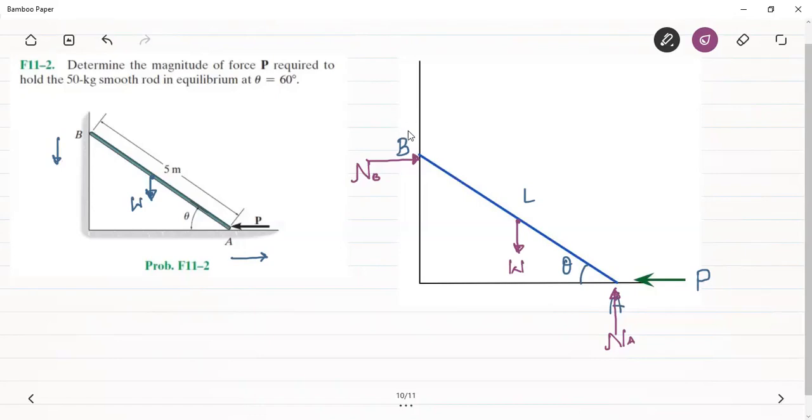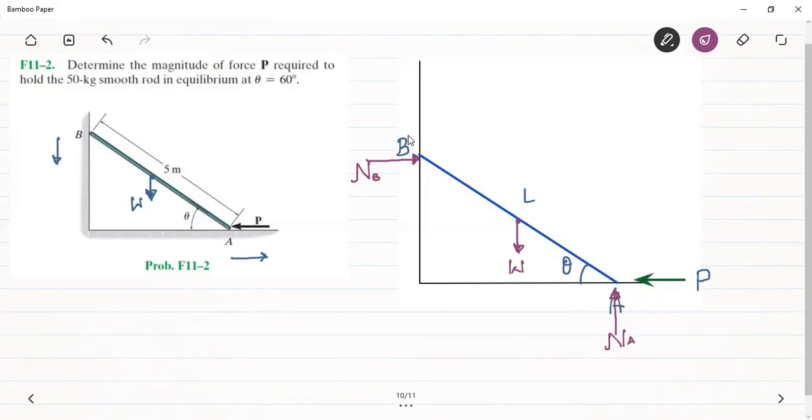It will move upwards. These are imaginary displacements. In reality these displacements will not take place because this system is in equilibrium, therefore there won't be any displacements.